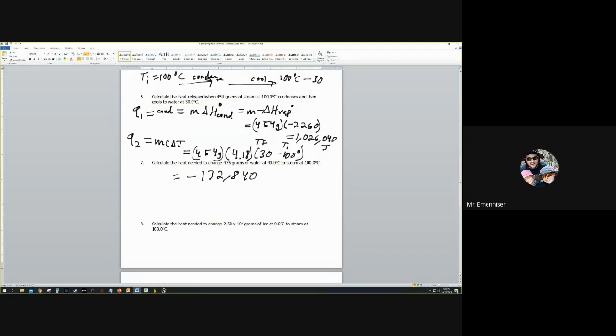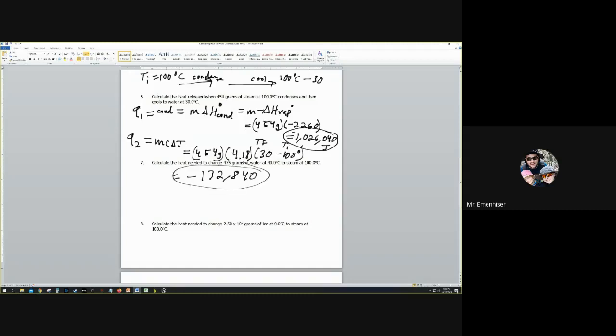And so to get our total heat, we add these up, which I'm looking at my notes, and I don't remember doing that. Did I not add them up? Okay, well, we would add these two up. This is the energy needed to condense it, which is negative, and then the next one's definitely negative.